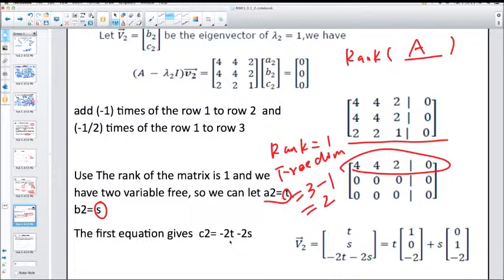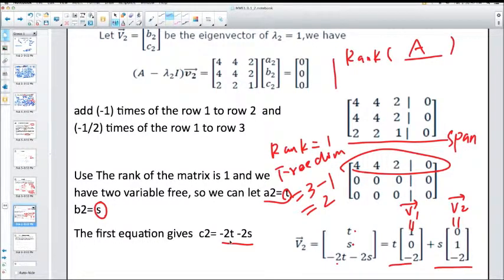Then you can let the first equal t, second equal s, then the third equal negative t minus 2s. Now t, s, negative 2t minus 2s, I can rewrite it as this vector. Again, you have 2 independent vectors. This is a plane in 2D. It's a span, we call it a span, made by the 2 vectors.